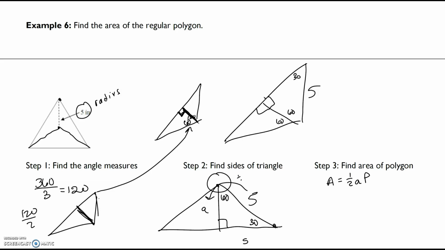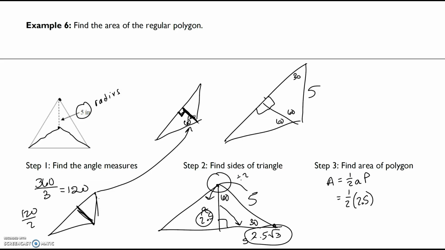We divide by 2. So our apothem, our short side, is going to be 2.5. I'll put that in our area formula, 2.5. And how do we get to our long side, which is half of the side of the triangle? We multiply that by root 3, which is 2.5 root 3.